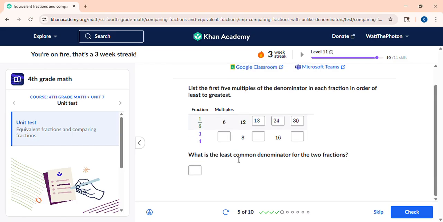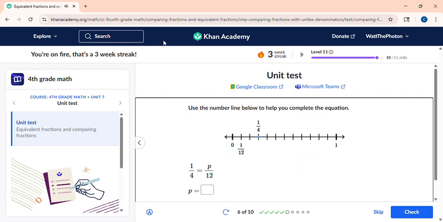Was the least common denominator. The denominator of each fraction. So the 4, 8, 12, 16, 20. There we go. Was the least common denominator. So 12, right there. There, I see what I was saying.